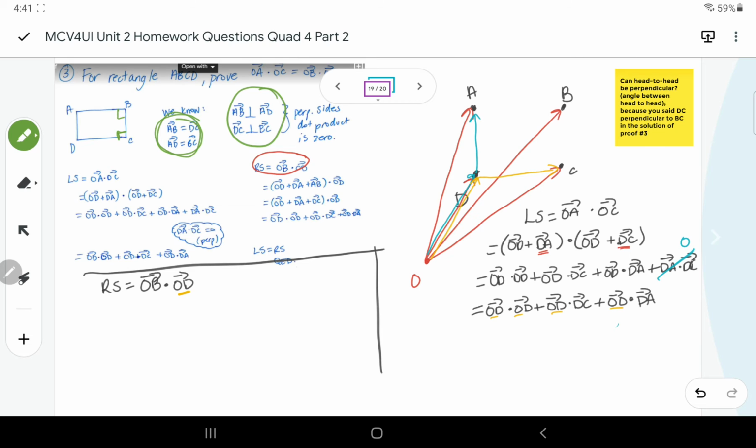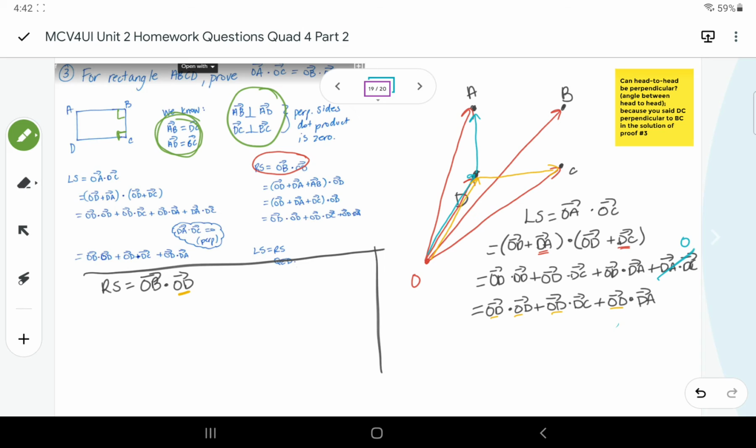This OB vector is not working for me because it's not connected at all to what I have on the other side. But that OD vector on my right hand side is looking pretty good, so I'm going to keep that. But the OB I want to put in terms of other things.